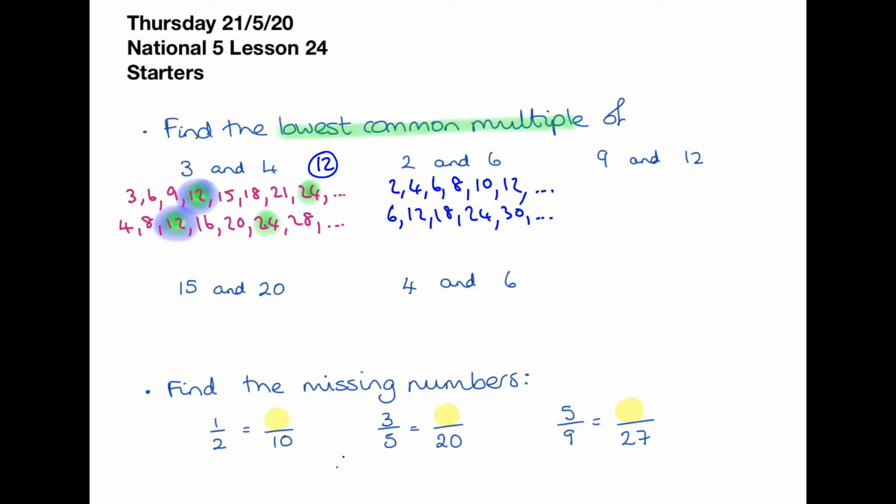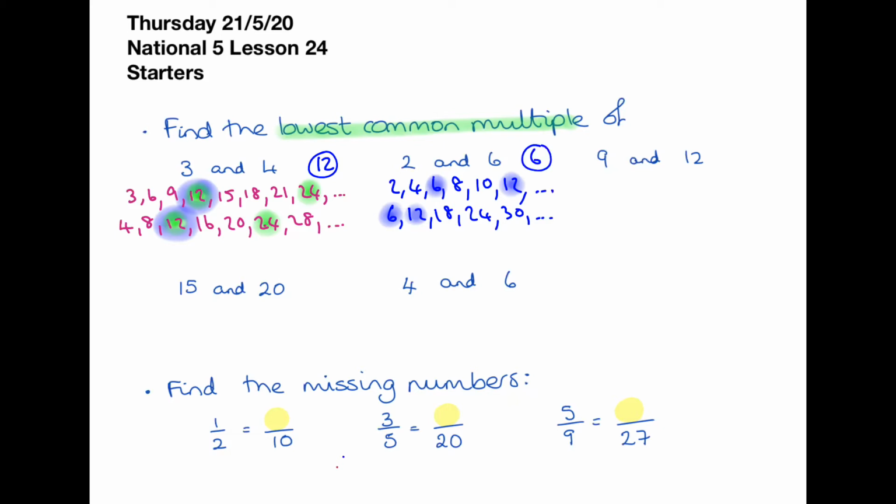And we can see that because 6 is in the 2 times table, 6 is the lowest common multiple. Other multiples would be all the other multiples of 6, so 12, and then we'd have 18 and 24 and so on. So the lowest common multiple of 2 and 6 is 6.